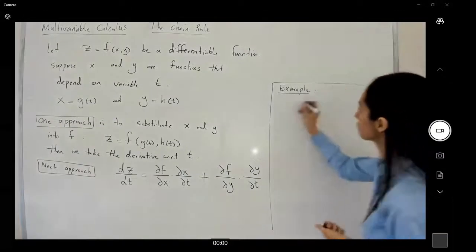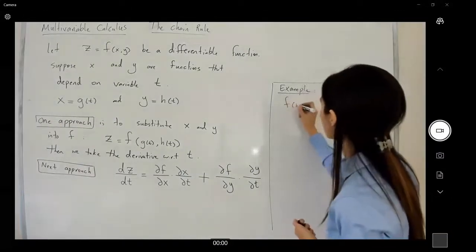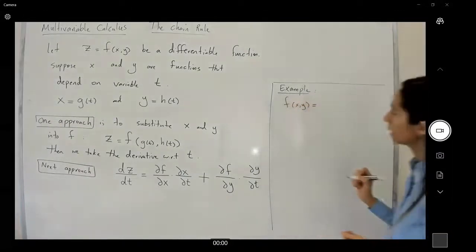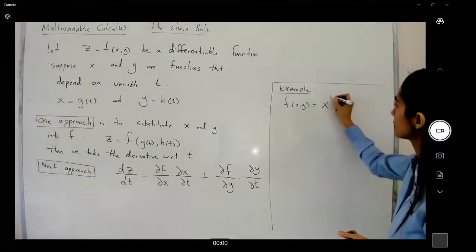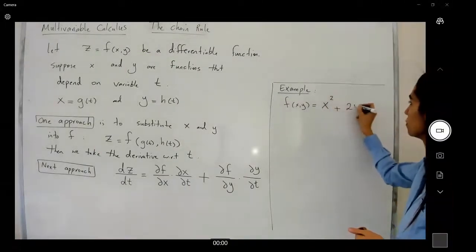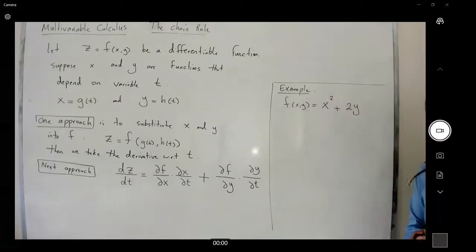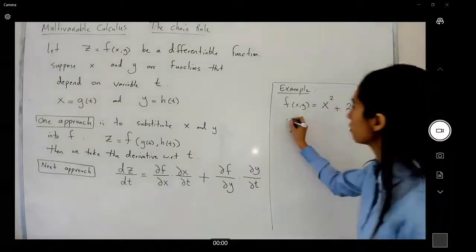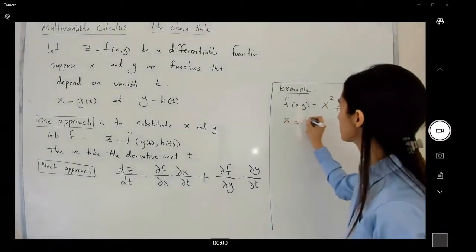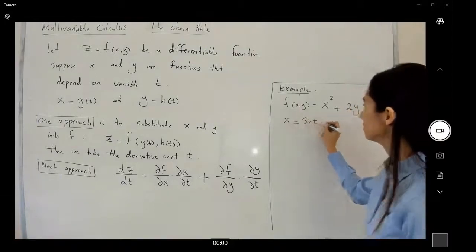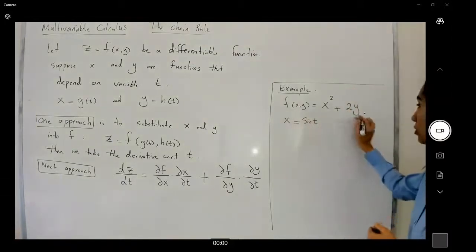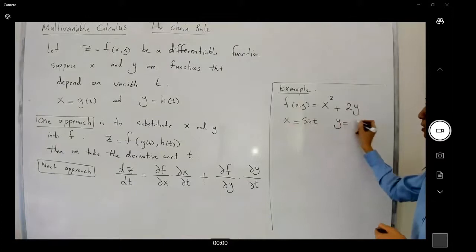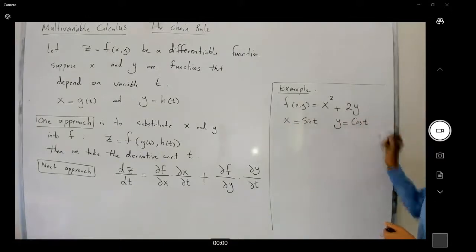These two approaches, both of them are equivalent to each other. Suppose you have this function. Suppose f of x and y is defined as x squared plus 2y. And I say my function x is sine of t, and my variable y is a function of t like cosine t.